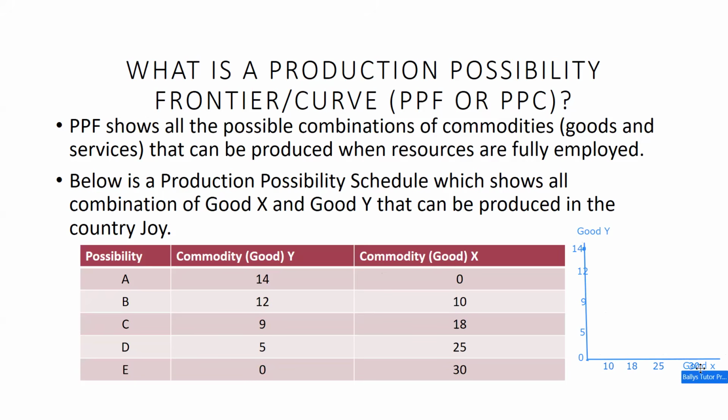That would be your point A. We could probably label it A. Then for point B, you're looking for the point that's in line with 12 for Y and 10 for X. So 12 for Y is here, 10 for X is here. So that would be about here. So you plot your point. That would be point B.